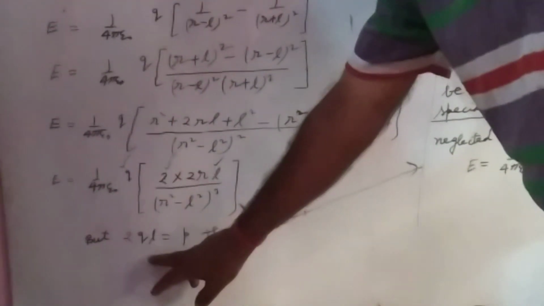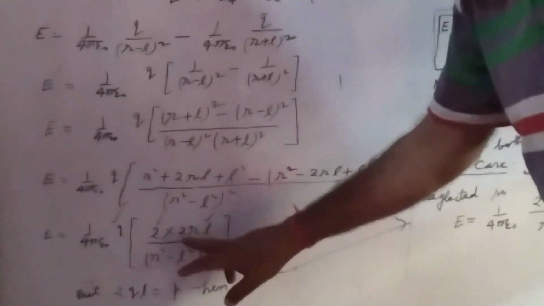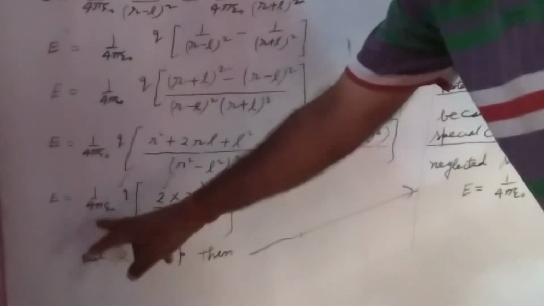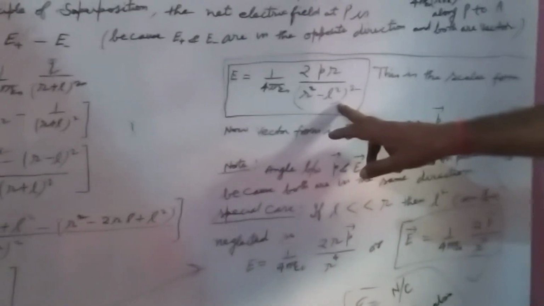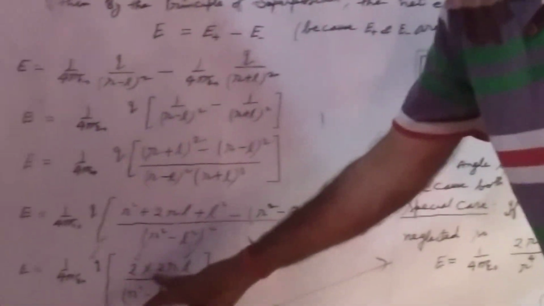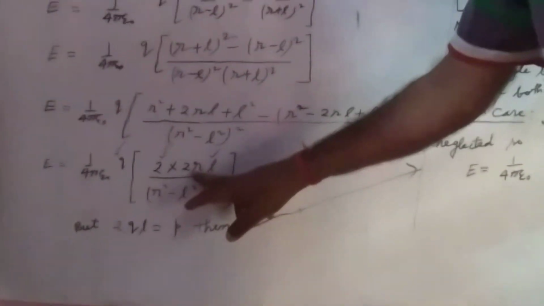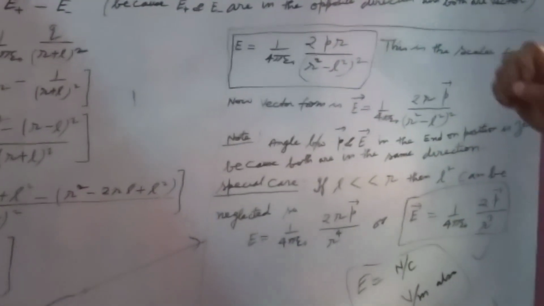We also know that 2QL is equal to P. So we get 1 upon 4 pi epsilon naught, 2PR upon (R square minus L square) whole square.